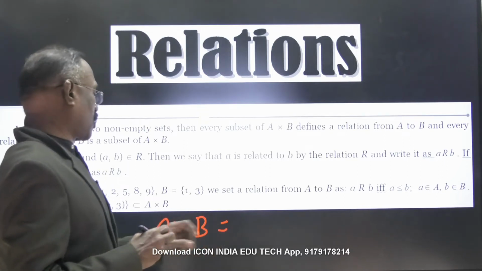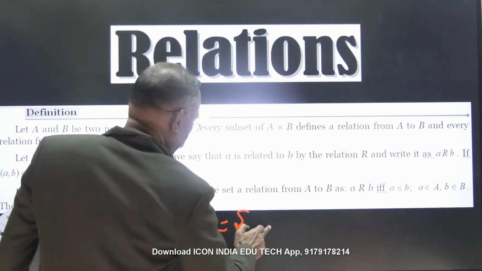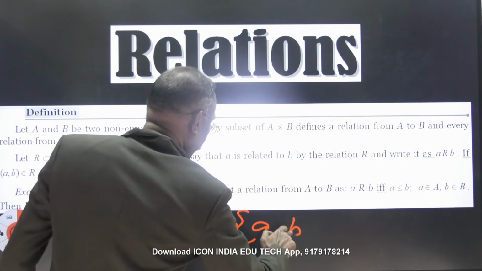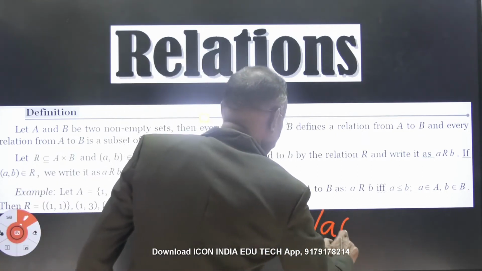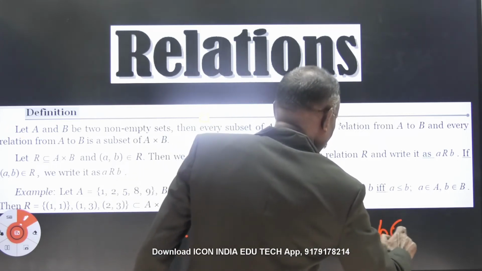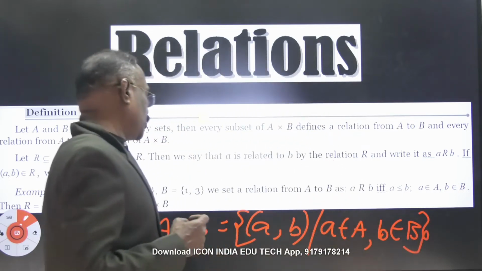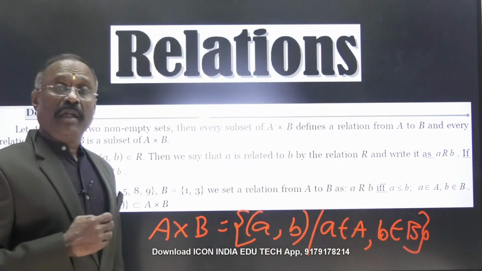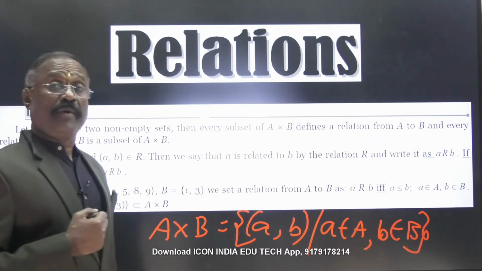This is A cross B, and here it is denoted by (a, b), where small a belongs to capital A and small b belongs to capital B. This is the definition of the Cartesian product. Then how do we define the relation from the Cartesian product?